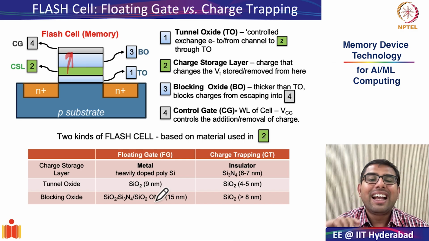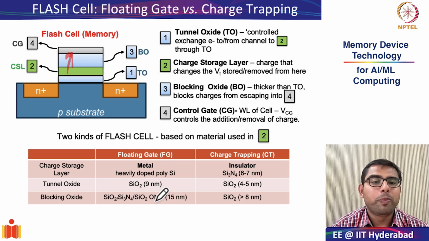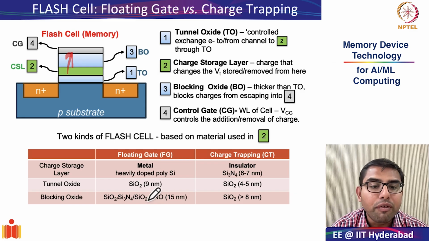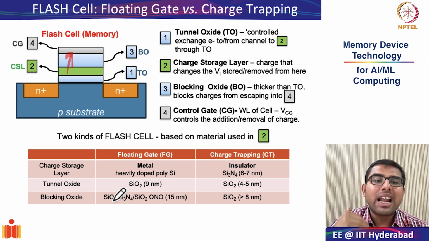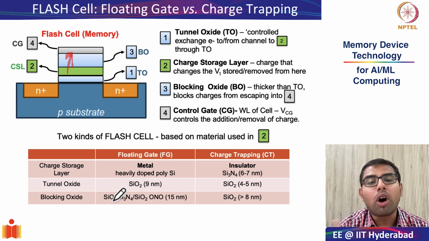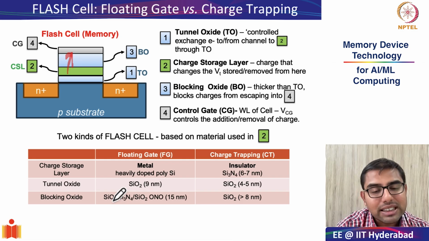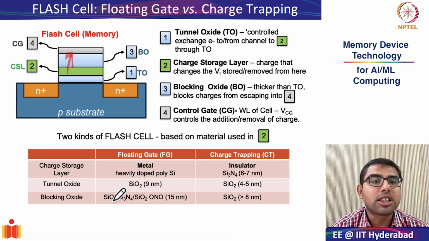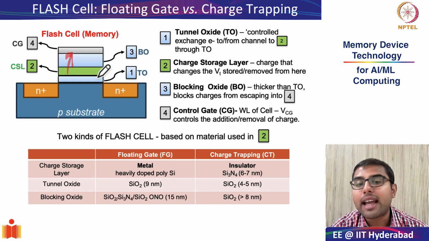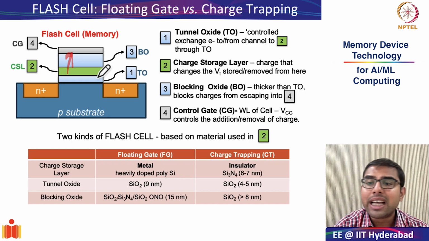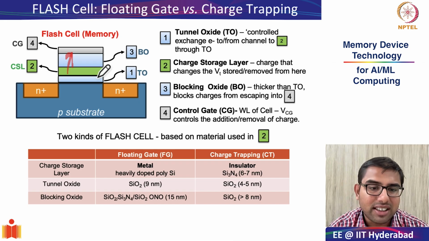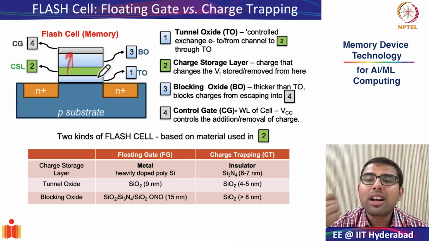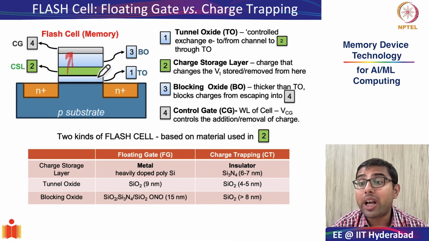Therefore, a more finely designed blocking oxide, which involved a heterostructure of SiO2, silicon nitride, and SiO2, also known as ONO, oxide nitride oxide heterostructure, was used as the blocking layer. That was roughly 15 nanometers thick. This is because this silicon nitride improved the gate capacitance. Why? Because silicon nitride has higher permittivity as compared to SiO2.